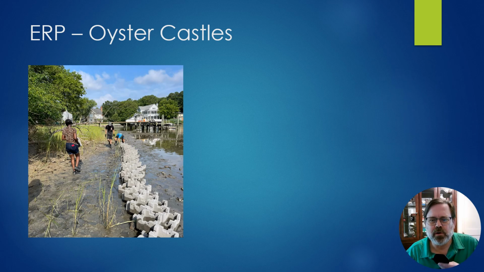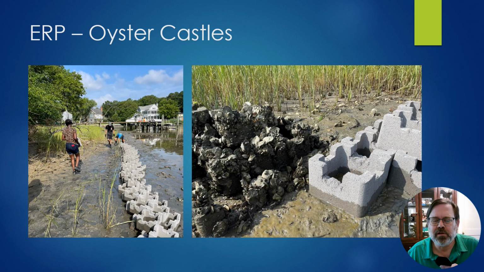I've had a chance to work with the Elizabeth River Project on a series of restorations and serve on their board. And these are some examples of the types of things that they'll do. Along an area of shoreline where the marsh is susceptible to erosion, they might put in place these oyster castles, which are a series of interlocking blocks. They kind of look like this. So they're concrete blocks, and they interconnect.